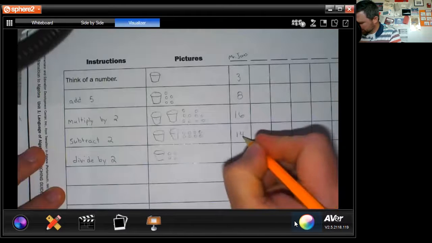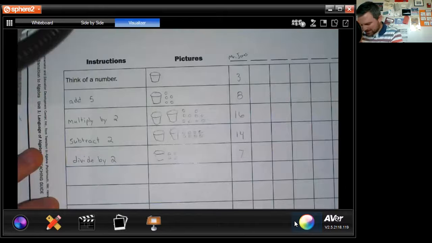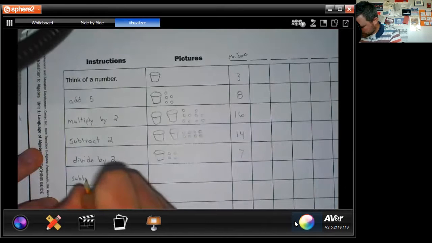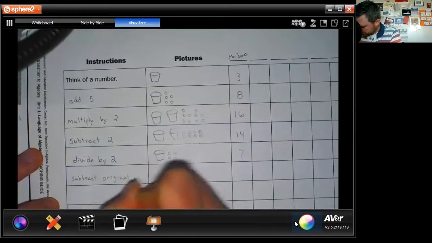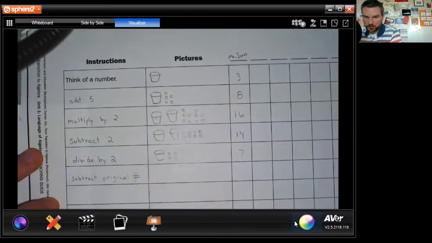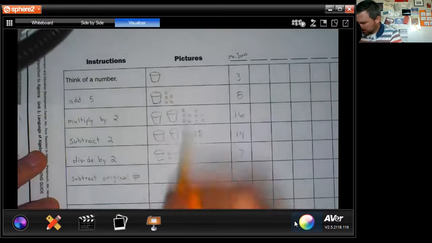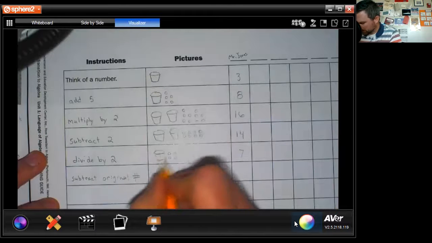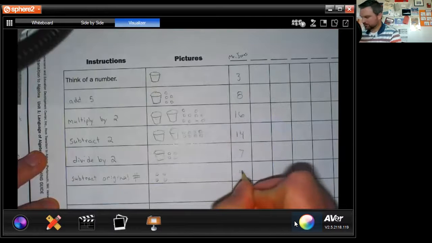So, and then 14 divided by 2 now becomes 7. And the last step was subtract original number. That's a symbol for a number, which the original number represented my bucket. So if I have a bucket and 4 dots, but have to take away the original number, which was my bucket, now I just have 4 dots.